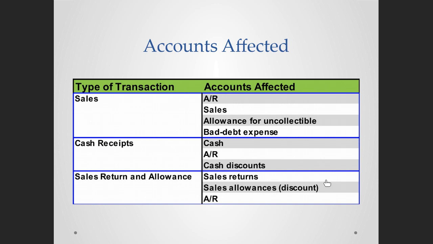If you can remember, what do we call them? Does contra revenue sound familiar to you? Contra revenue is this type of account. Sales returns and sales allowances, they are contra revenue.